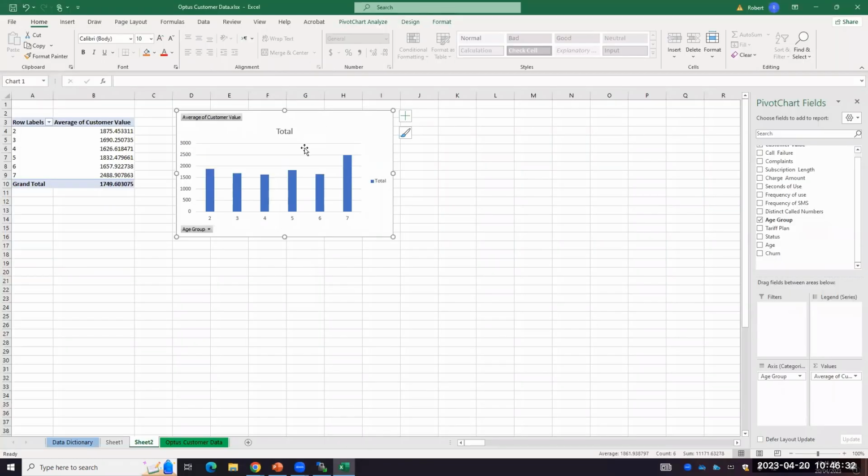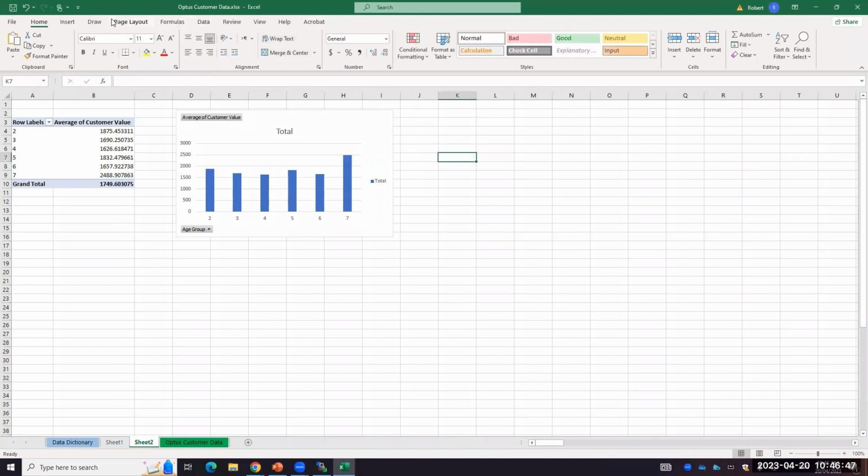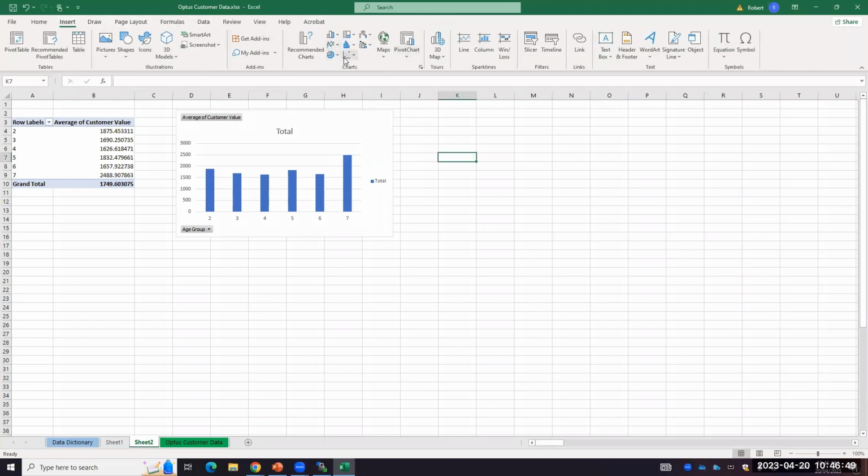So to do that, let's just do another graph. Let's insert a scatter plot. Go back to this sheet.